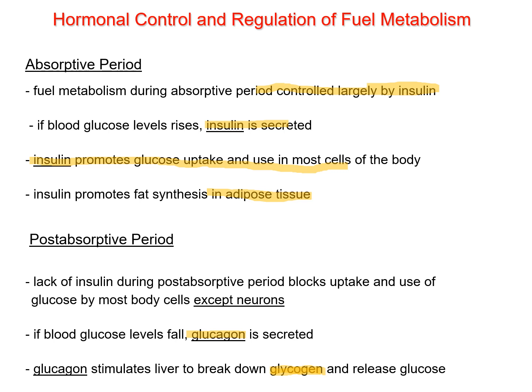With glucagon stimulation, you get breakdown of the glycogen and freeing up of glucose that can then go into the bloodstream to bring the blood glucose level back to an appropriate level for the body to have enough glucose to function.